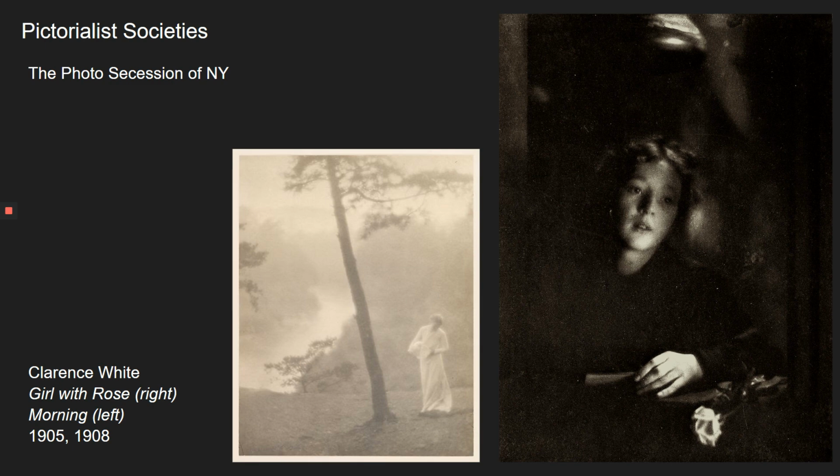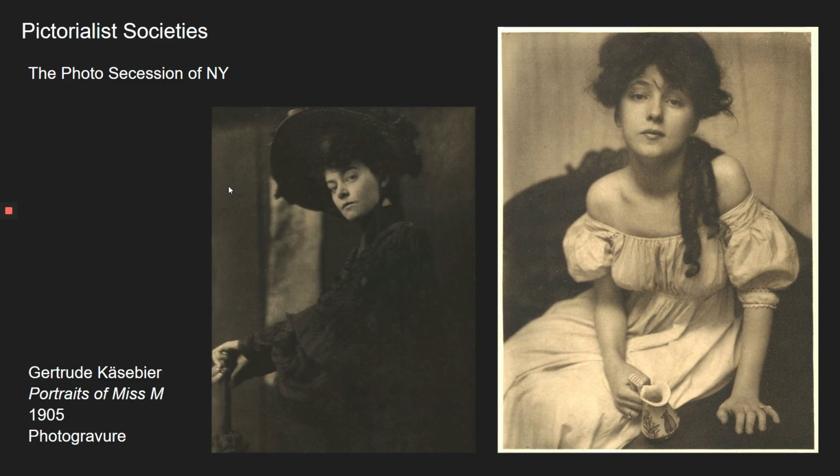Clarence White, very similar in style, this idealized type portrait, the wood nymph, if you like, holding a bubble there. Gertrude Käsebier, one of the female members of the Photo Secession.